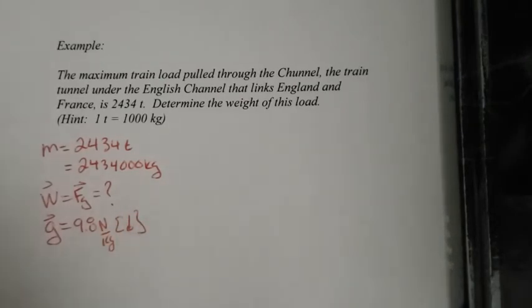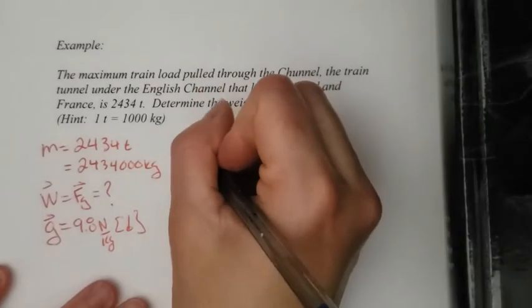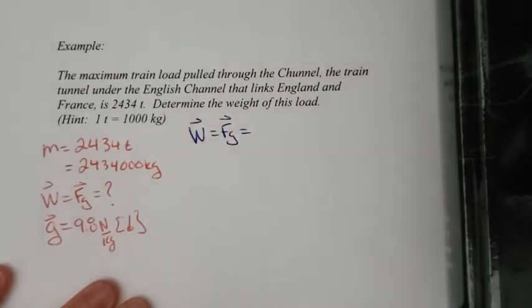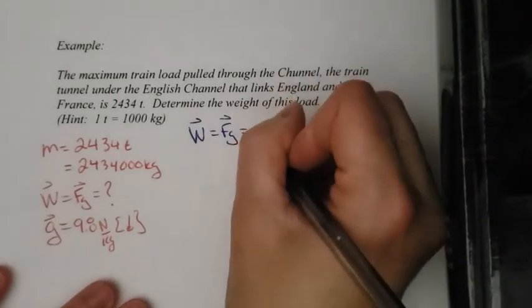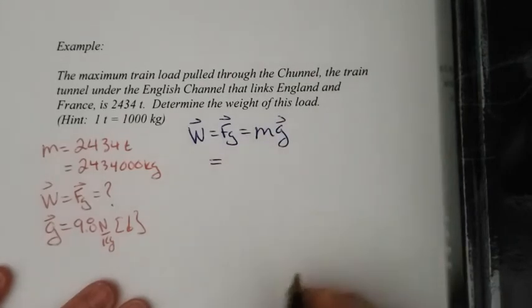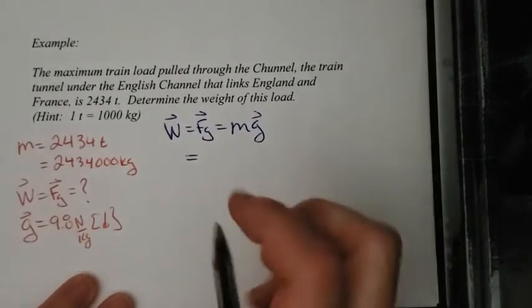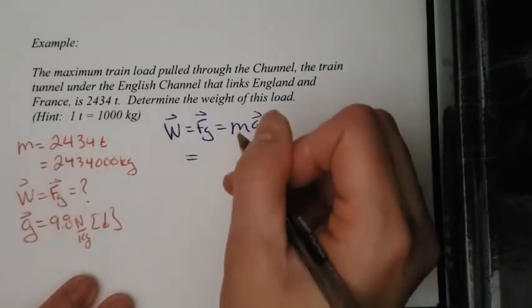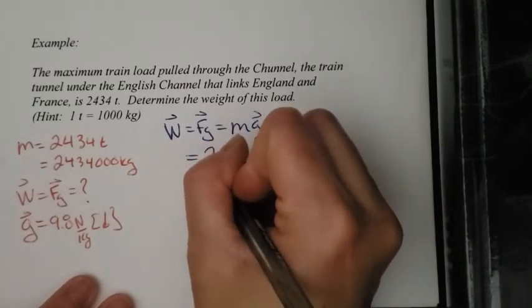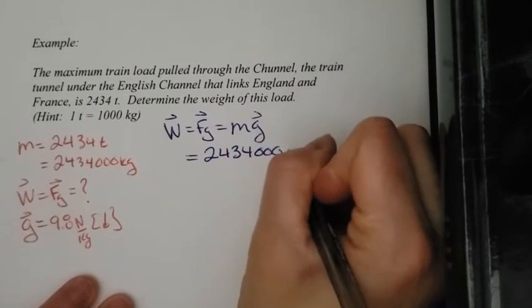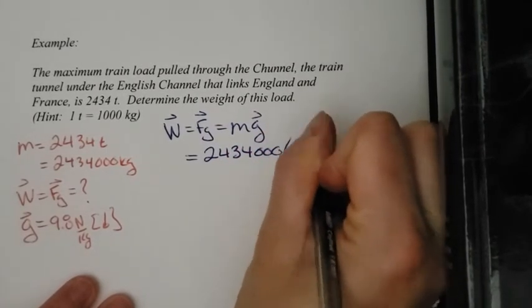All right, now that I've written out my given information, we need our formula. Well, we just said that weight is the same thing as the force of gravity, so we simply just use our force of gravity formula, just mg. Let's plug in what we know. We know that the mass is this giant number, which is 2,434,000, times 9.8.